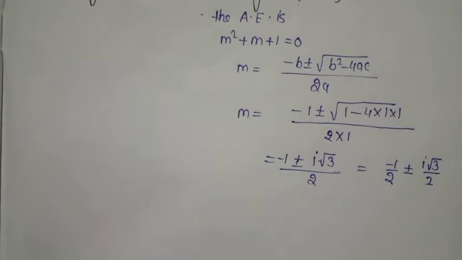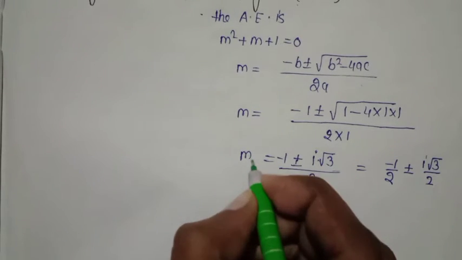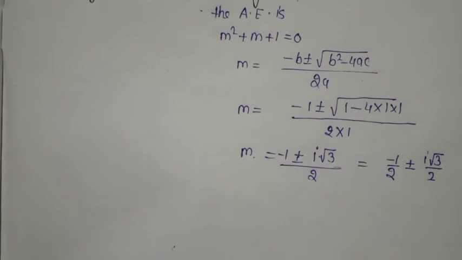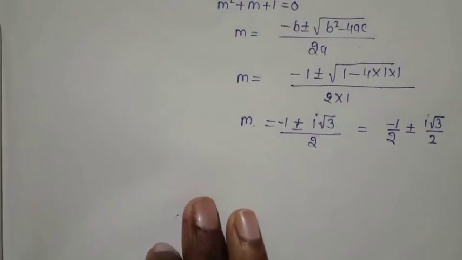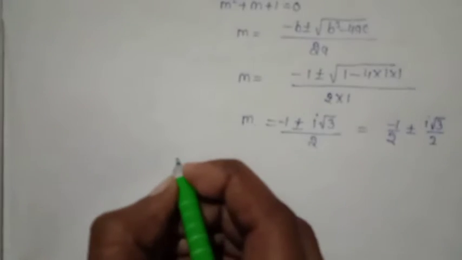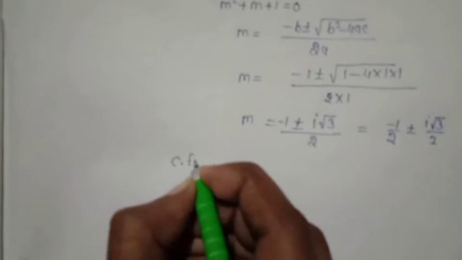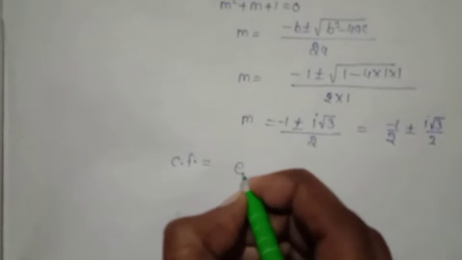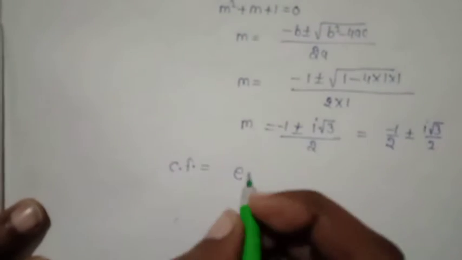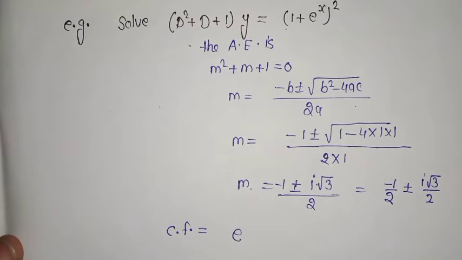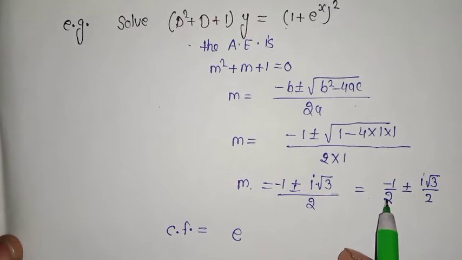So we can easily write the CF for this differential equation, as I told you in my previous video, so you can watch it there. I am going to write the CF for this differential equation. So what is the CF? e raised to power alpha, that is the real part of this complex number, which is minus 1 by 2, into x.